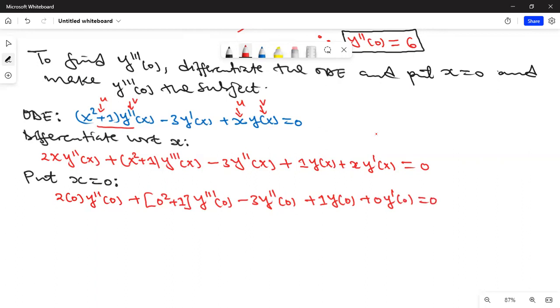Substitute what we know. Of course, where you are multiplying by 0, the result should be 0. Again, here we are multiplying by 0, so that should vanish.